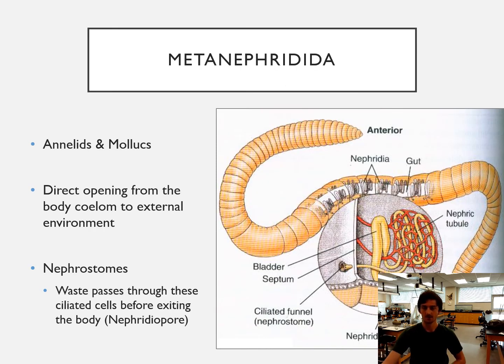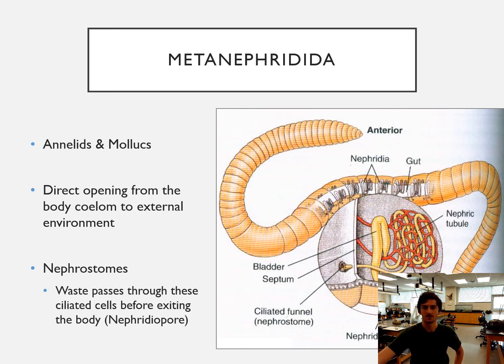So the second type of excretory system is called Metanephridia, and this is really just one step above that found in the Platyhelminthes, the Protonephridia. This is found in annelids, so segmented worms, and then mollusks. I think I spelled that wrong in this PowerPoint.